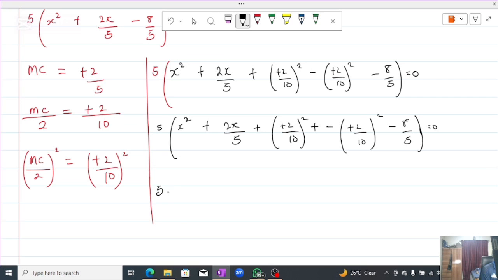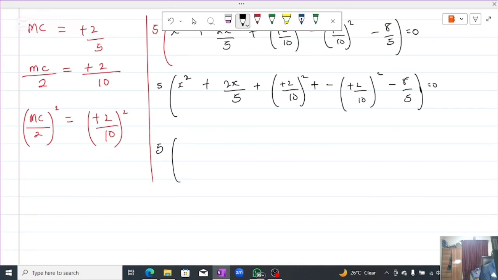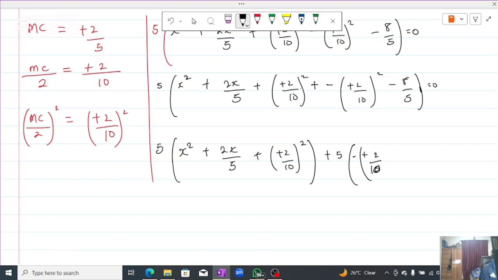So that will be 5 in bracket of, I can decide to put it in separate bracket. Then I have plus 5 in a bracket of minus (2/10)² + (2/10)², then squared, minus 8/5 = 0.